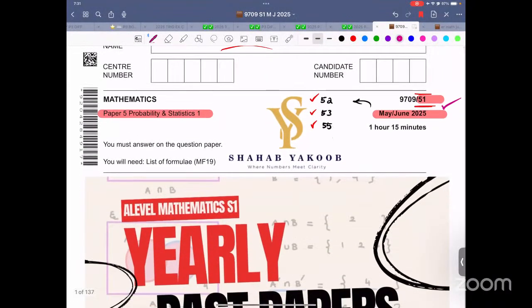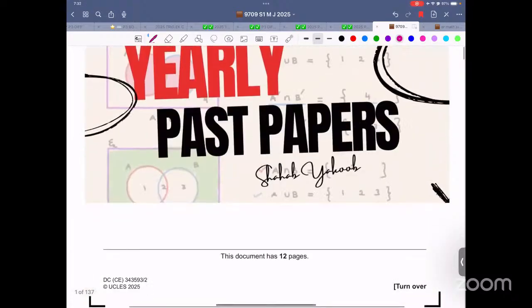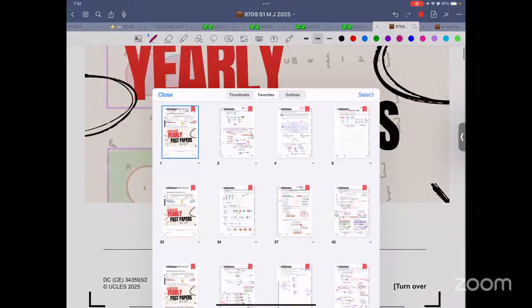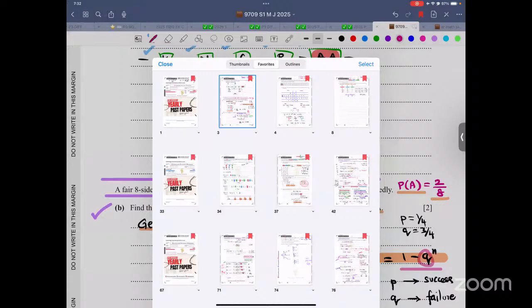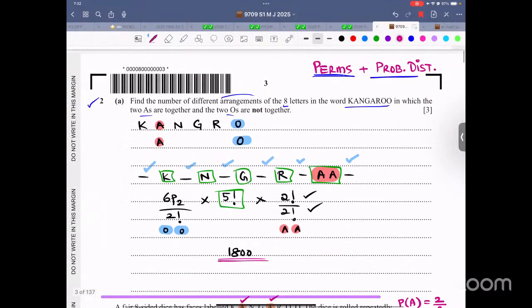This is the first variant, 5-1, and let me look at which questions I have selected. Let me first focus on this one. It says, find the number of different arrangements of the 8 letters of the word kangaroo in which two A's are together and two O's are not together.